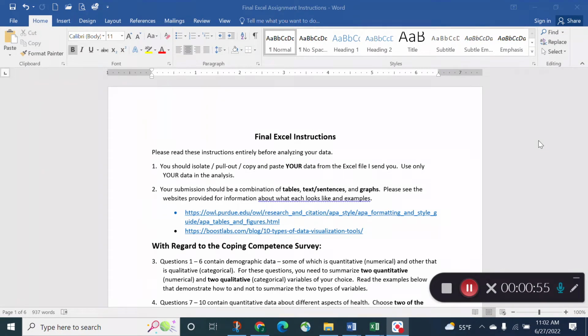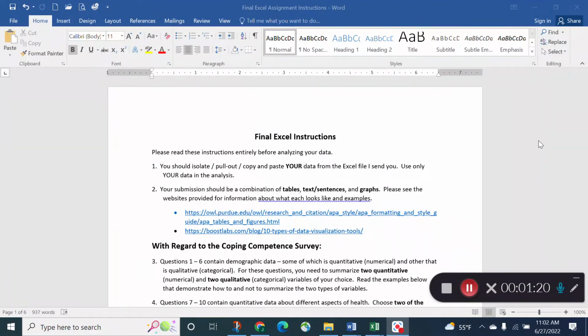But I went in and partitioned it into groups of 10 and put names in the first column. So for this exercise, everyone will be analyzing different data, and you'll just pull out your 10. The data in the Excel file is in alphabetical order for the students in the class. So you'll just go down, find your name, pull your 10 sets of data out, and that's what you're going to analyze.